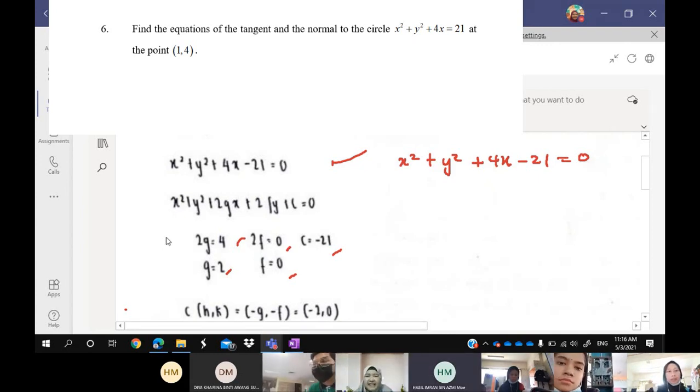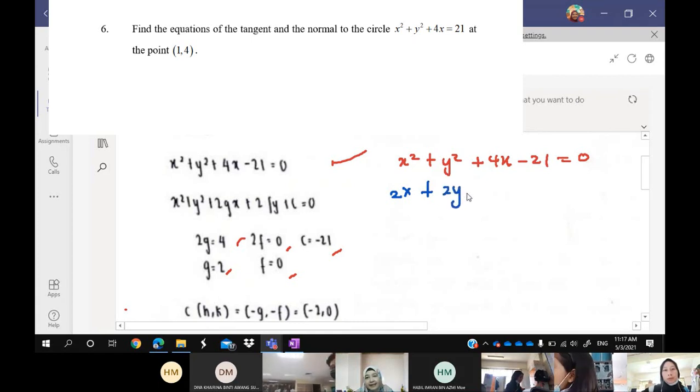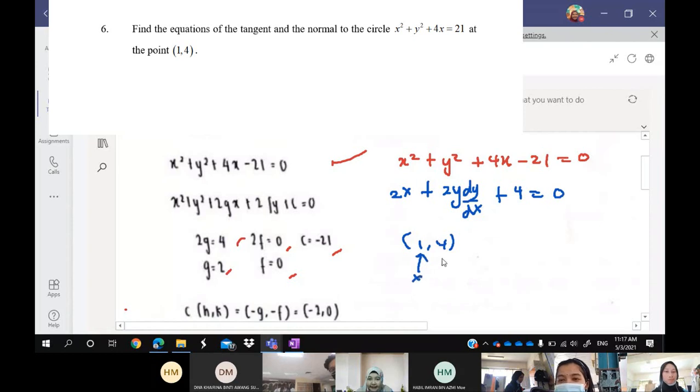Differentiate. Differentiate x squared: 2x. Then y squared: 2y dy/dx, plus 4, is equal to 0, right? Given the point (1, 4), this is the value for x, this is the value for y.